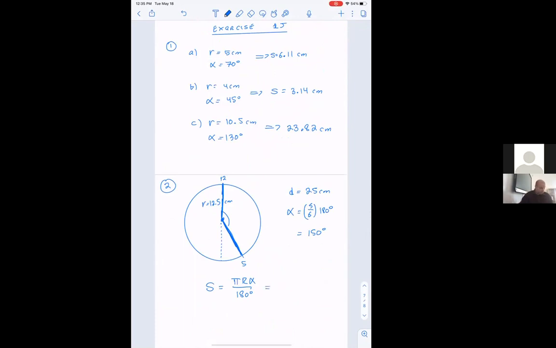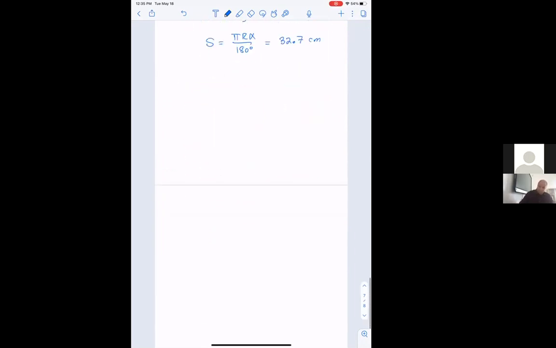And this gives me an arc length of, rounded to the nearest tenth of a centimeter, 32.7 centimeters. Question number 3. The London Eye is a giant Ferris wheel in London. It is the tallest Ferris wheel in Europe with a diameter of 120, no, not centimeters, that would be kind of small, but 120 meters.